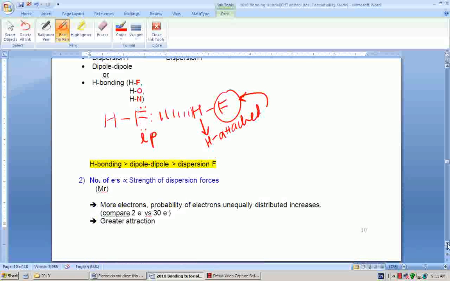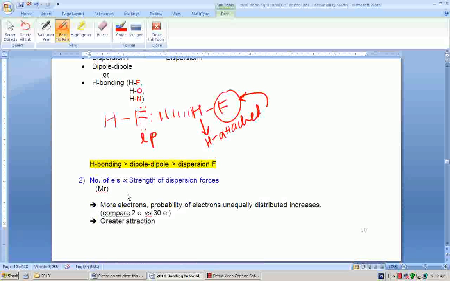That is the number of electrons. As I've stated previously, all molecules with electrons will have dispersion forces. So, even polar molecules can also have dispersion forces. Number of electrons is actually proportional to the strength of the dispersion forces.